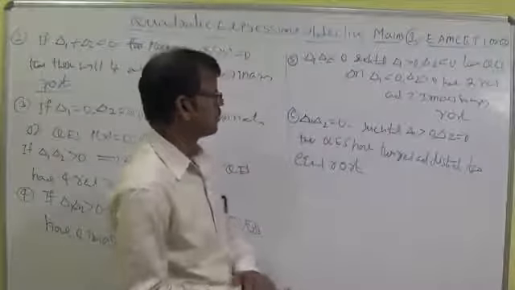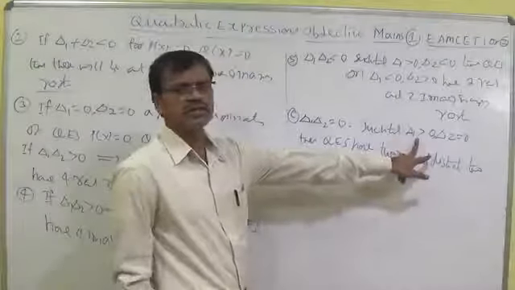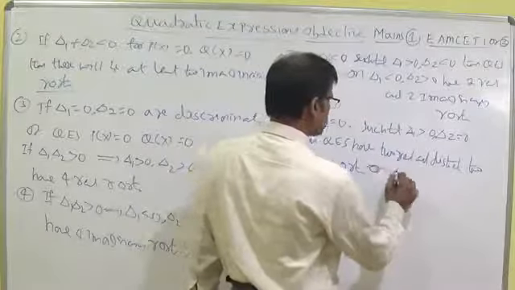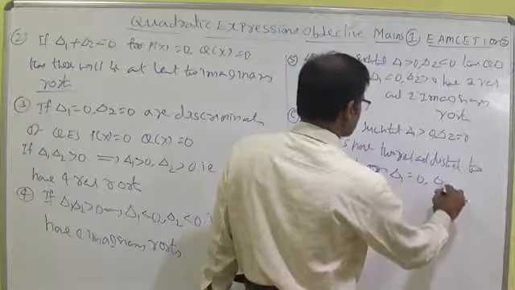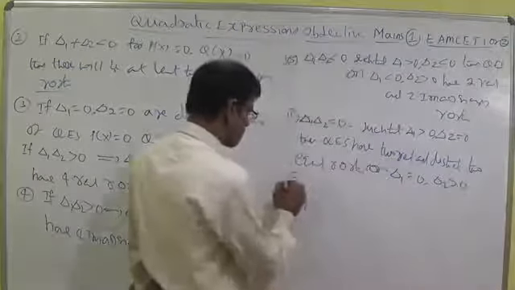In a similar way, you can say delta 1 equal to 0 and delta 2 greater than 0. For this case, delta 1 equal to 0, delta 2 greater than 0, this one also you can write.